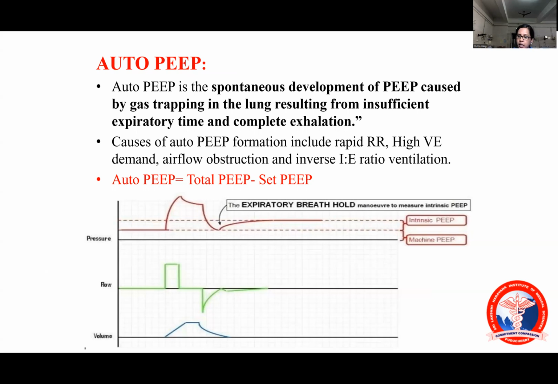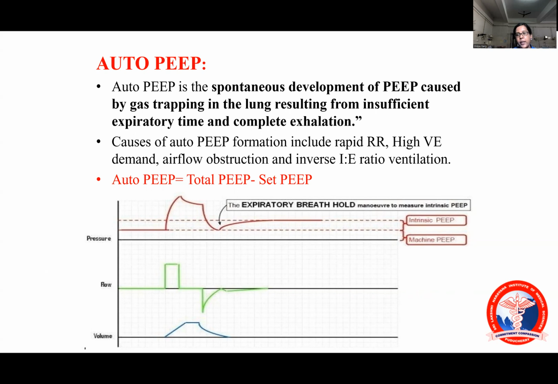Auto PEEP is nothing but, physiologically we have something called PEEP in our body. Spontaneous development of PEEP because of gas trapping, resulting from insufficient expiratory time and incomplete exhalation, is called auto PEEP. Normally we give adequate time, that is at least twice the inspiratory time, to exhale out the amount of gas left in our lungs.